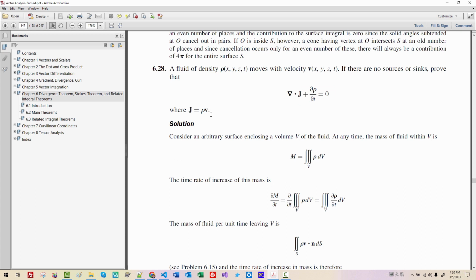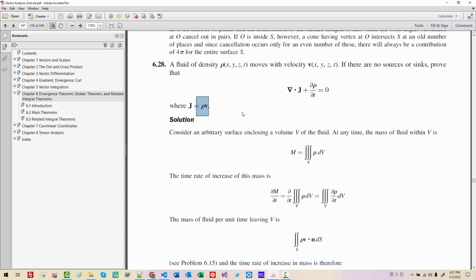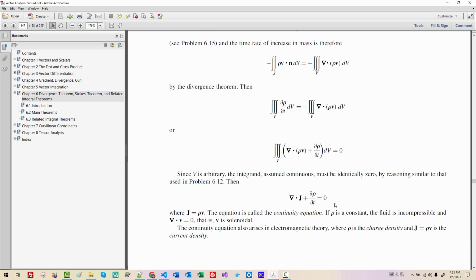If you have watched one of my previous videos, this rho v should look familiar to you. In our previous video, I explained rho as density of mass. Now, in this episode, this rho will be charge density. This book explains the continuity equation.